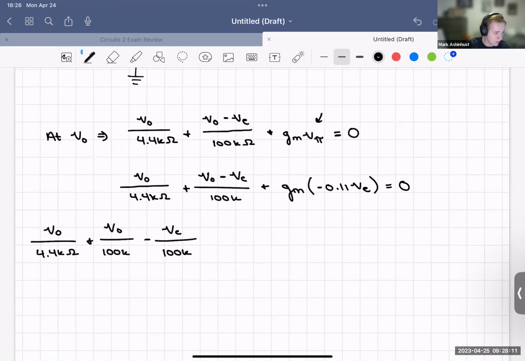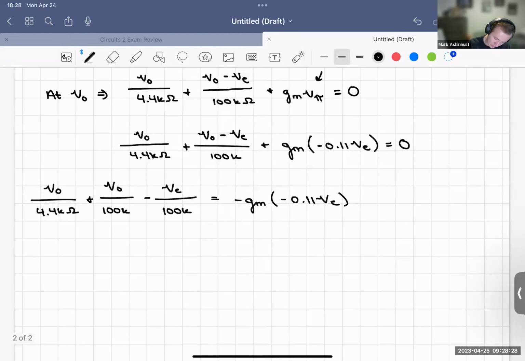And then you could keep the GM on the side or move it over. I would move it over. So there we got that.